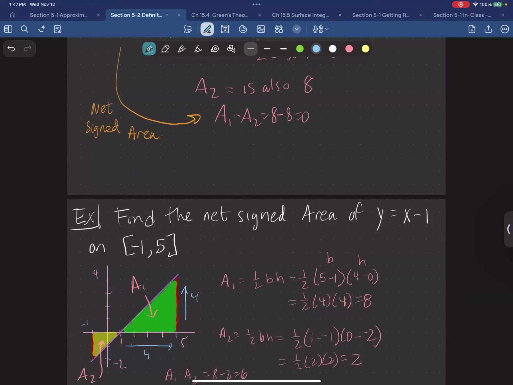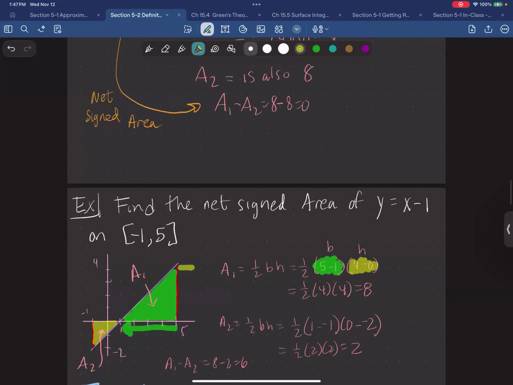But if you can't spot that right away, you can always subtract values. So I did 5 minus 1 to reflect this being 5 minus 1, and I did 4 minus 0 here to represent this being 4 and that being 0.